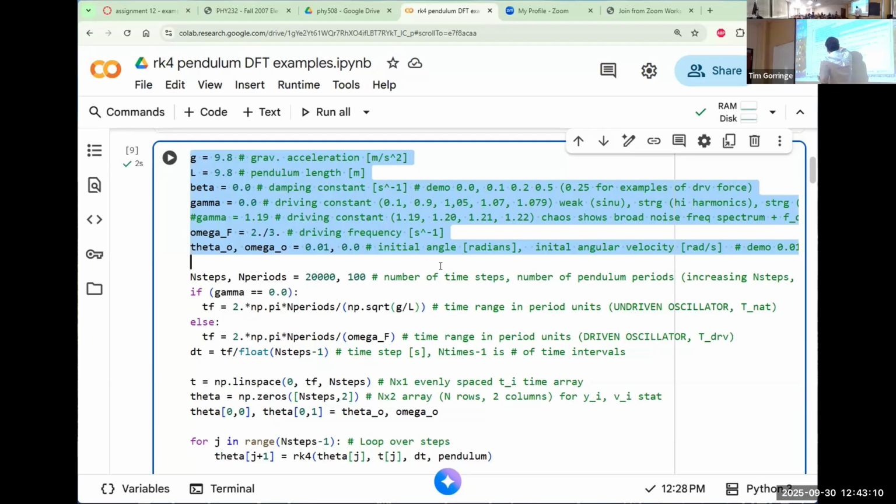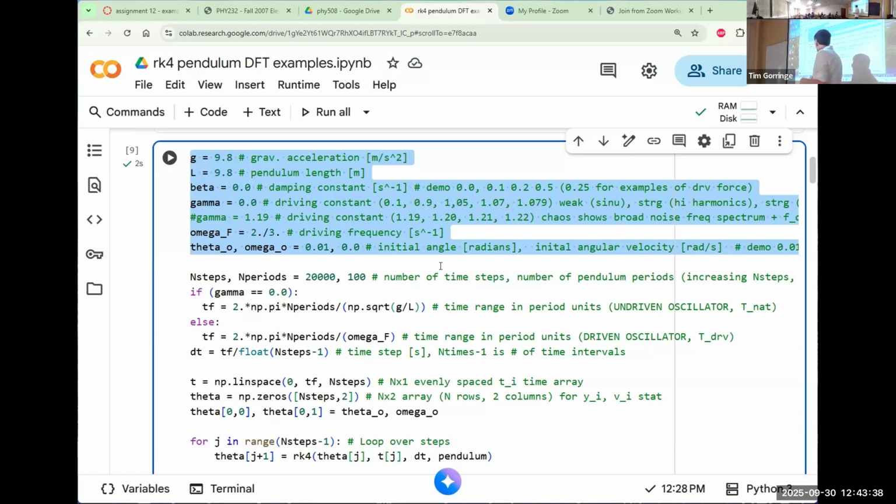I define that with these two variables here. So in steps is the number of individual time ticks during the entire duration that I follow the pendulum. So I've got a large number of ticks, 20,000.